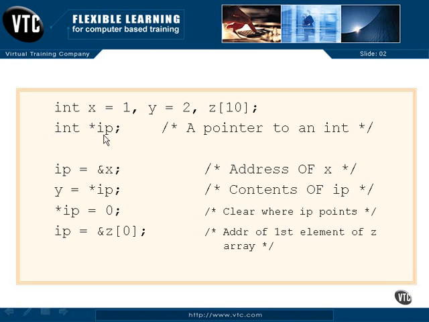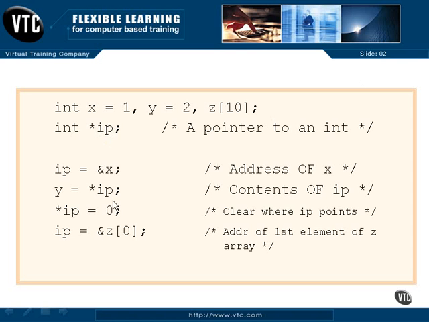Personally, I grew up learning to put the star next to the variable name so that when I see this together, I know that star IP is a pointer to an integer. So that star says that IP is going to be a special size. It's going to be big enough to hold a pointer, which is an address in memory, and that pointer will point to an integer or 2 bytes.